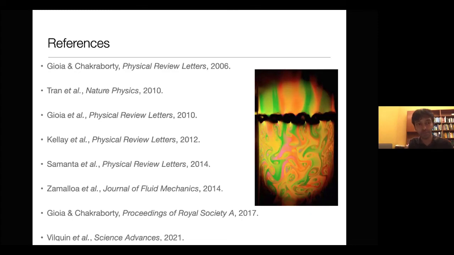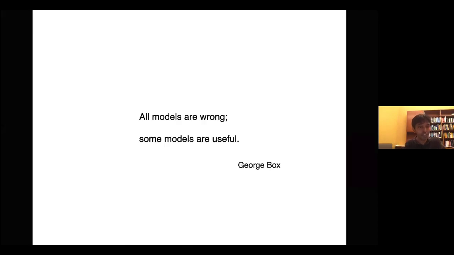And if you just indulge me for a few more seconds, I'll conclude on a philosophical point. This is a quote from the great British statistician George Box. He was talking about statistical models, but I think it's valid for many other things we also do: all models are wrong, some models are useful. At the end of the day, I made some very, very simple, utterly simplifying assumptions to tackle a rather difficult problem.